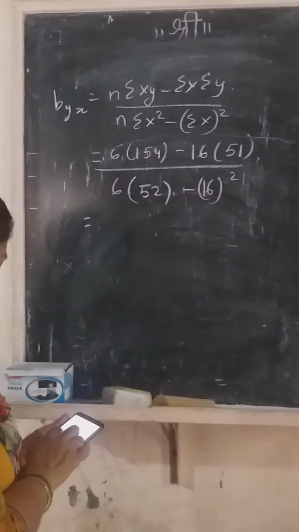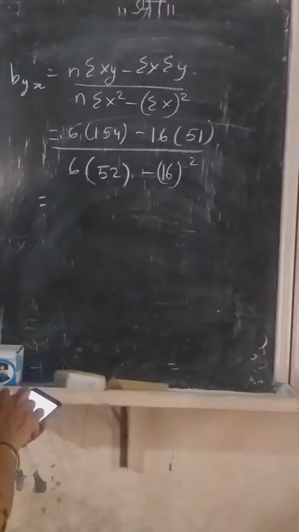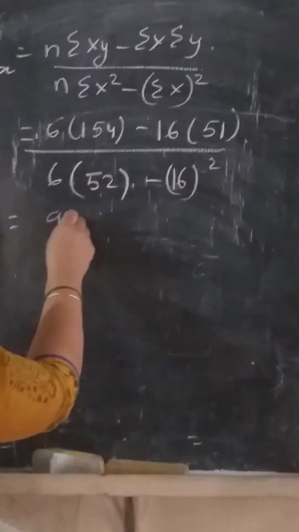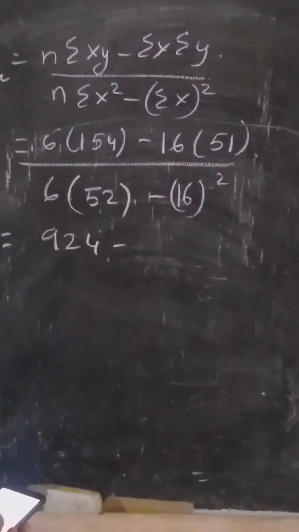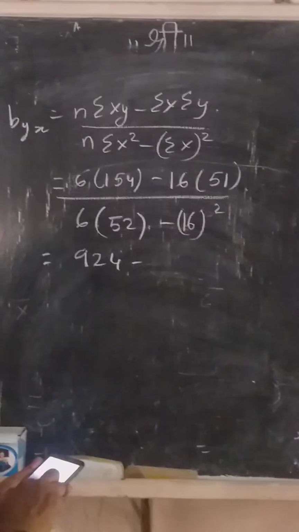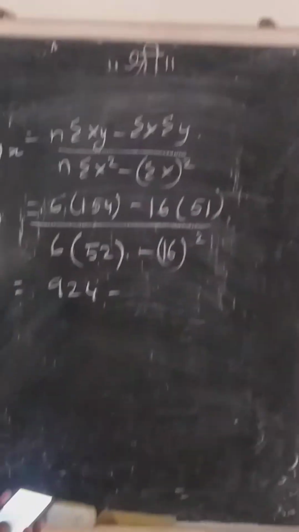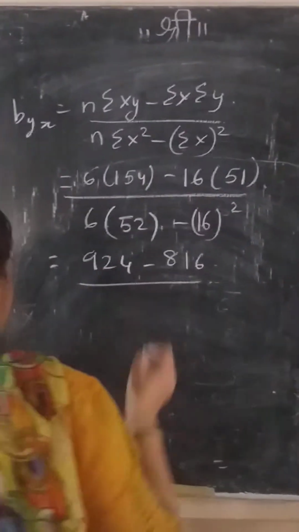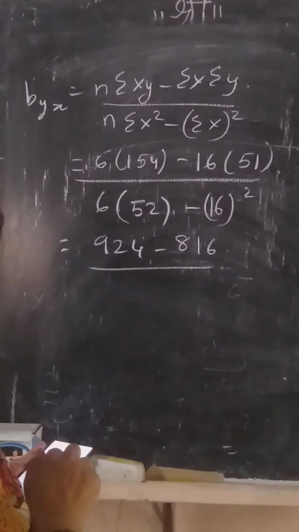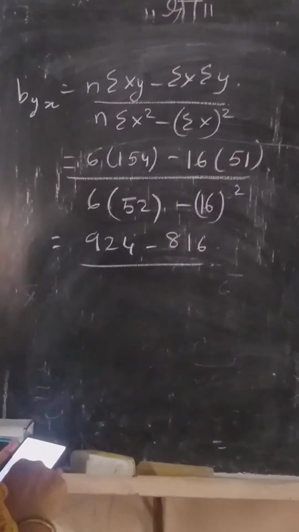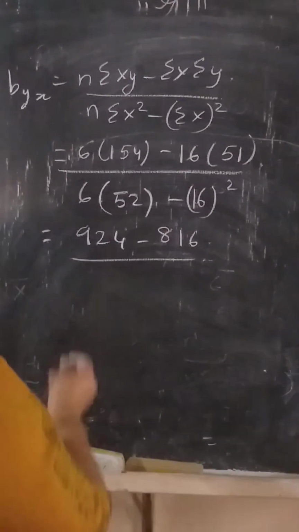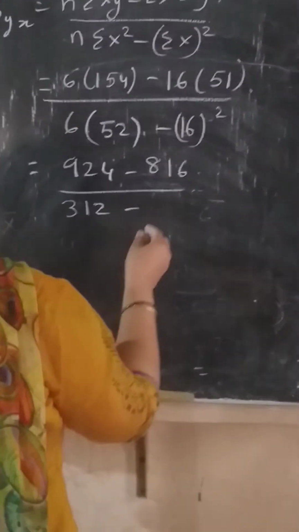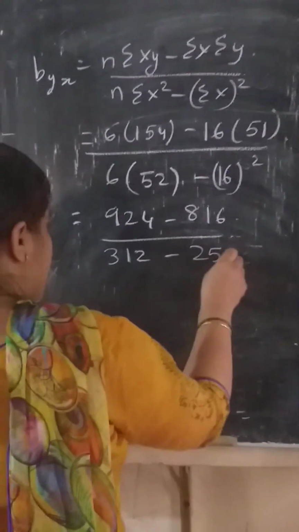So 6 into 154, that turns out to be 924 minus 16 into 51, that is 816, upon 6 into 52, that is 312 minus 256.